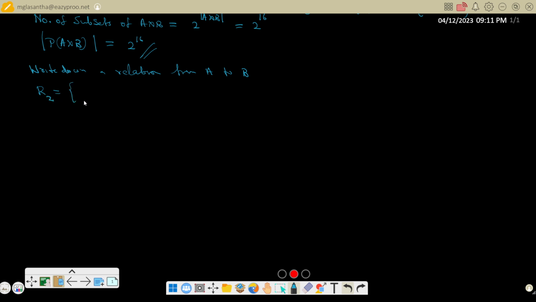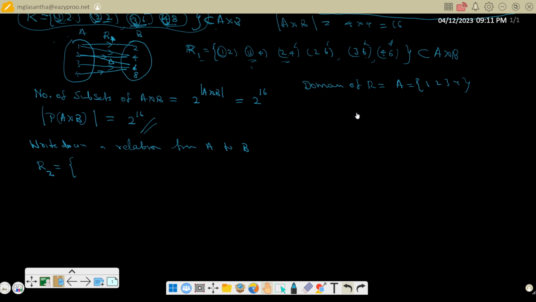How do you write R2? That means you write any subset of A cross B. If you write any subset of A cross B, that's a relation.